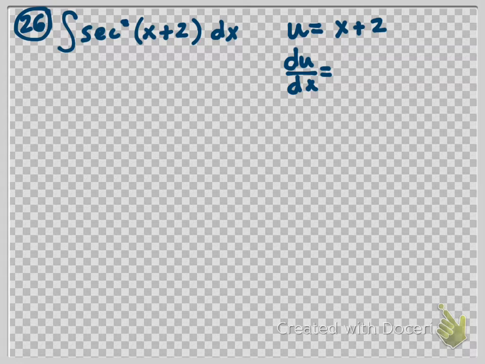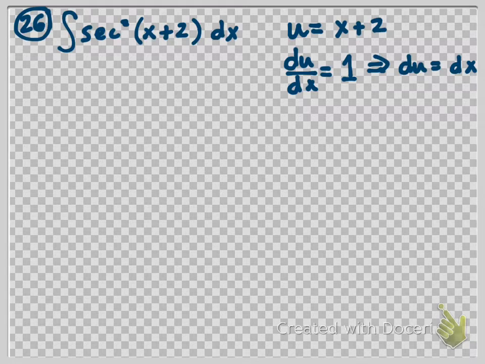I'll show you that as we go. So what is the derivative of u with respect to x? 1. So that implies that my du, that differential, is just dx. In this particular case, my du equals my dx. Why? Because the derivative of the inside function was 1. That only happens when that's true, and that's not going to happen very often.